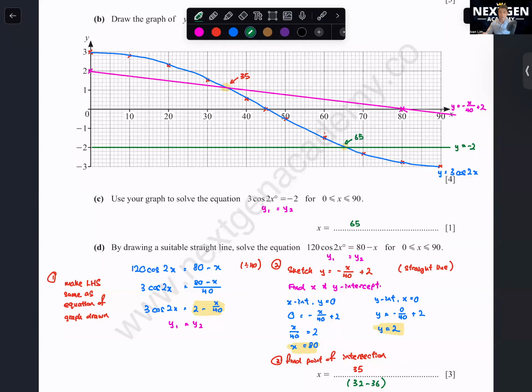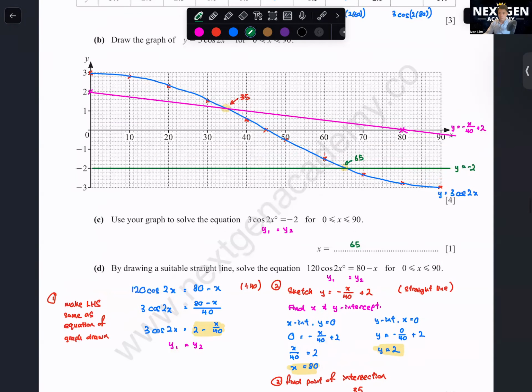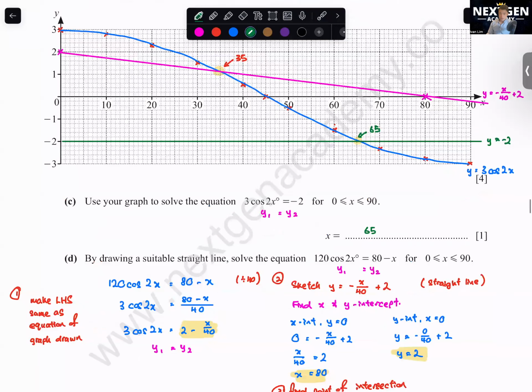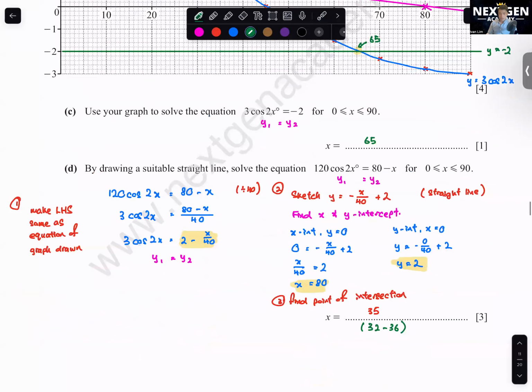They'll ask you to draw a straight line to solve the equation. If you all are good, can you just type 7 for question 7? Any question, just type in the chat. You can master paper 4 already. Okay, let's move on to the next one.